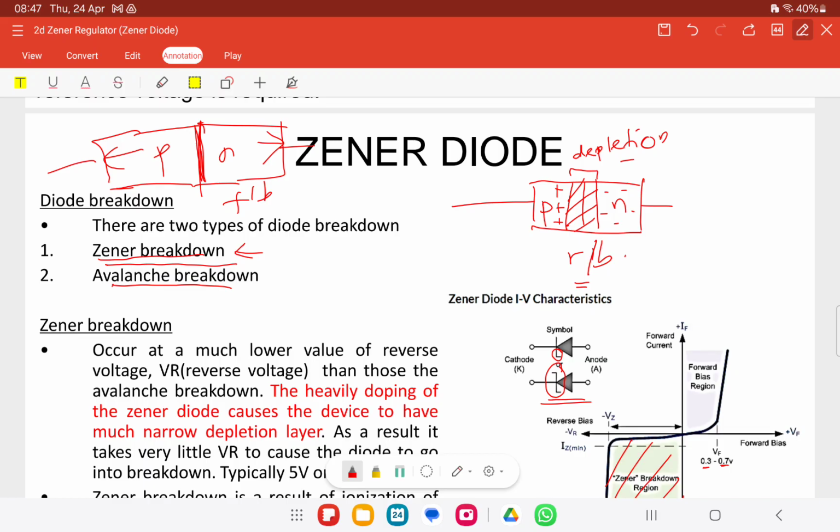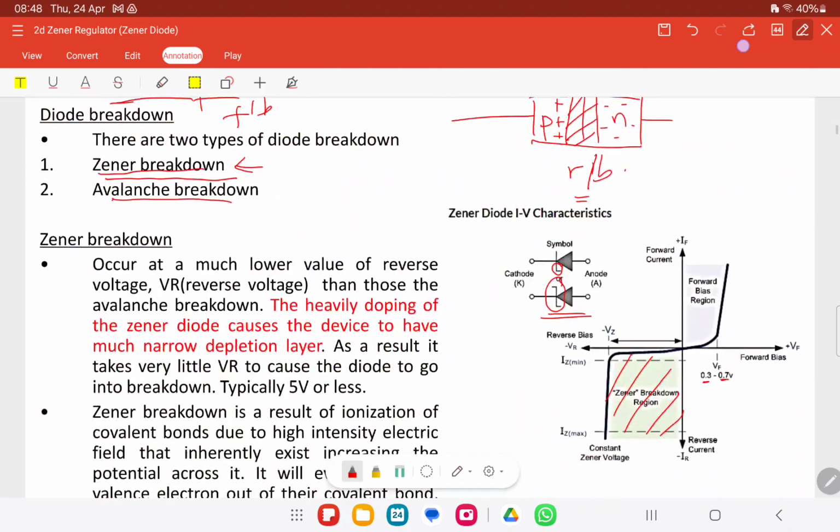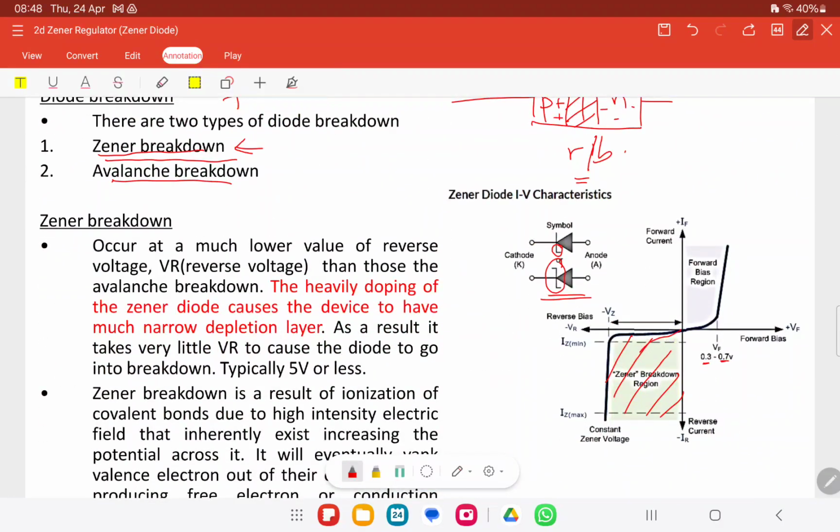The electrons from N will be attracted to the P side, so they will move. That induces the Zener breakdown. It is around here, around 5, so the Zener breakdown occurs first.